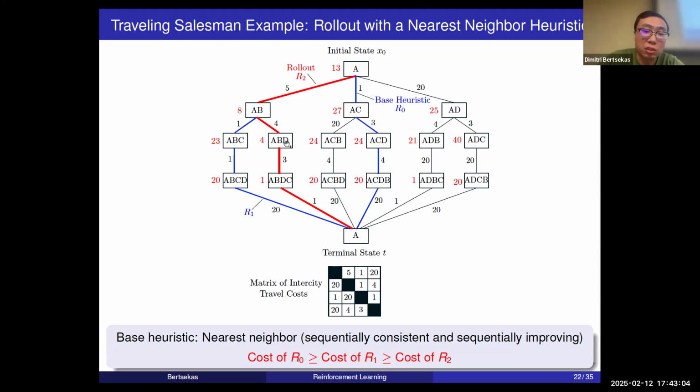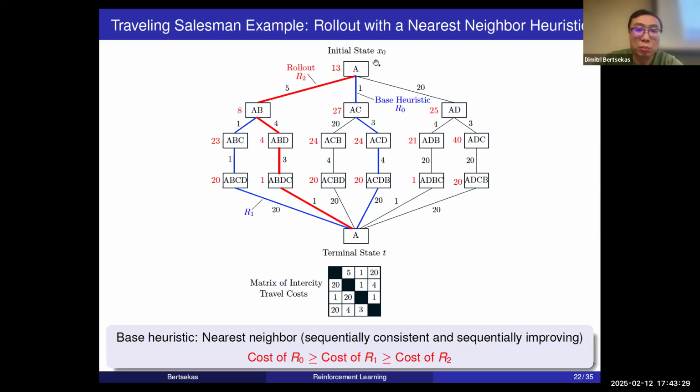And as it turns out, this distance, 4 plus 3 plus 1, which is 8, is obviously smaller than this distance, which is 1 plus 1 plus 20, 22. Therefore, again, we switch to this path. And this is the end product produced by rollout.